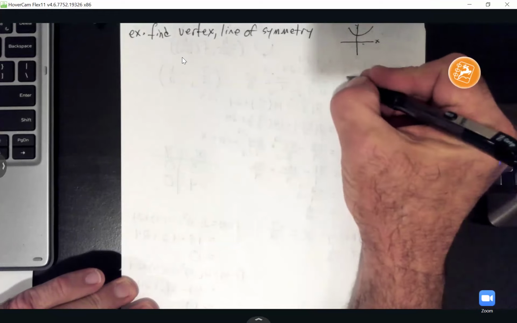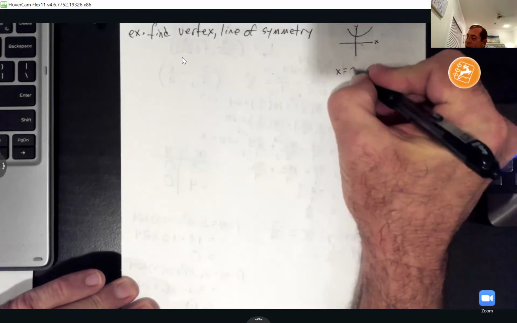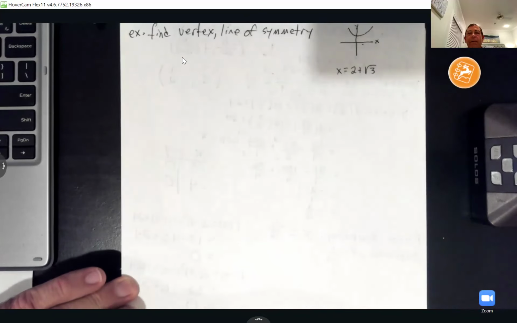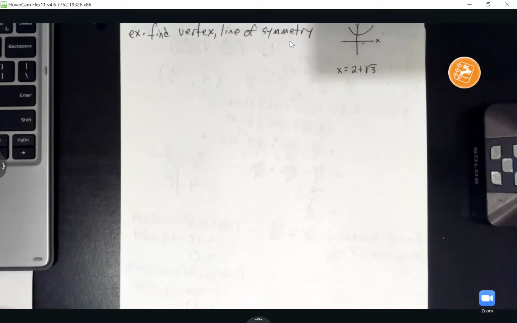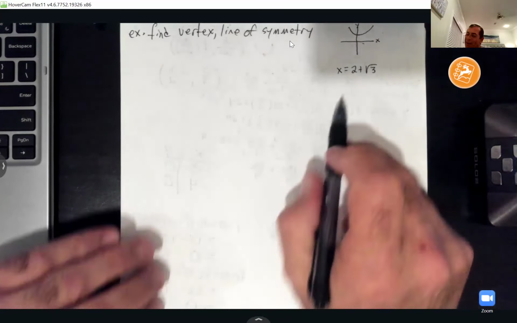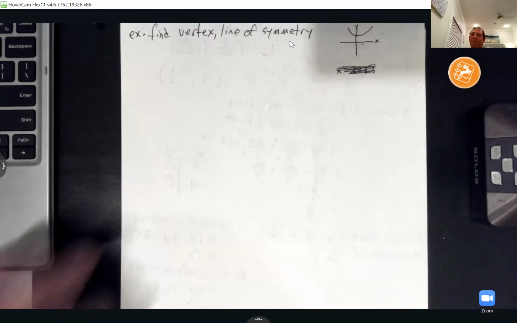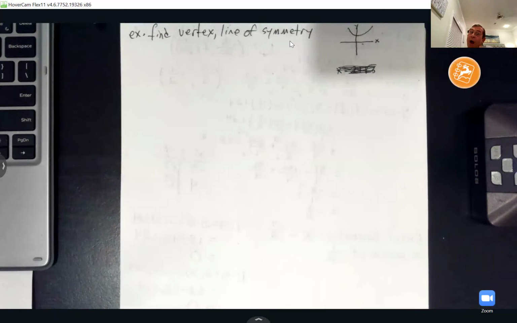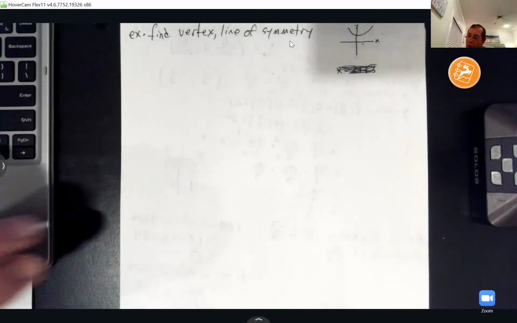Or what if you got zeros that look like x equals 2 plus square root of 3? Where are you putting that on that x-axis? Oh, okay. I see what you're saying. So sometimes we got numbers that are impossible to sort of find with that quadratic, okay?